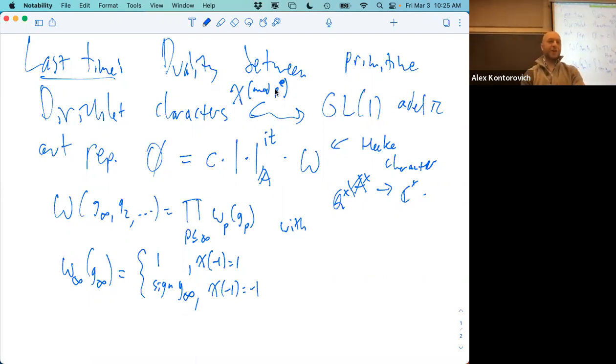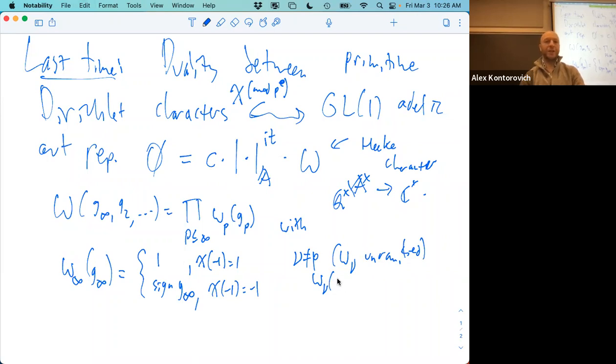So let's look at the prime powers for a second. The general chi is just a product of prime power chi's, primitive chi's. If nu is not equal to p, so omega nu is unramified, then we set omega nu of G nu.